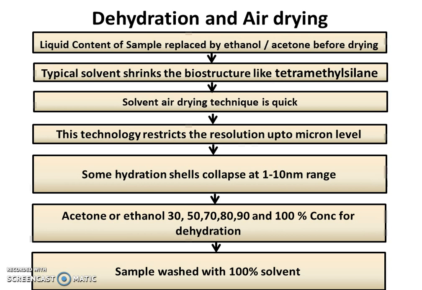Another technique is dehydration or air drying, in which the liquid content of the sample is replaced by ethanol or acetone before drying. The typical solvent used for dehydration, tetramethylsilane, may shrink the biostructure of that biomaterial.